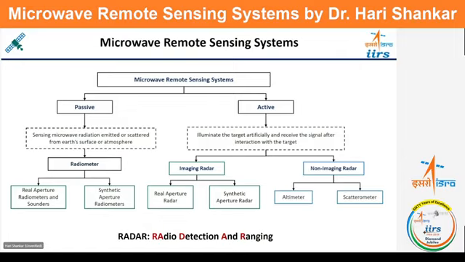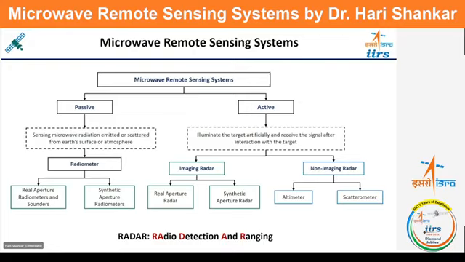So the range and detection part can be done very easily using radar devices, and they work mostly in the microwave portion. In radio waves they also work, but here we are more concerned with radars working in the microwave portion of the electromagnetic spectrum.